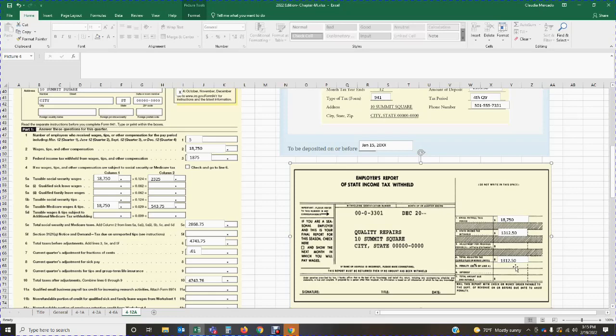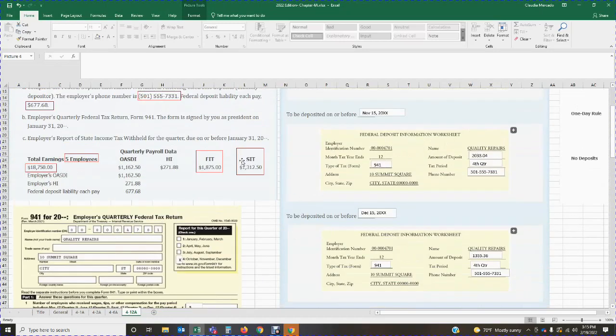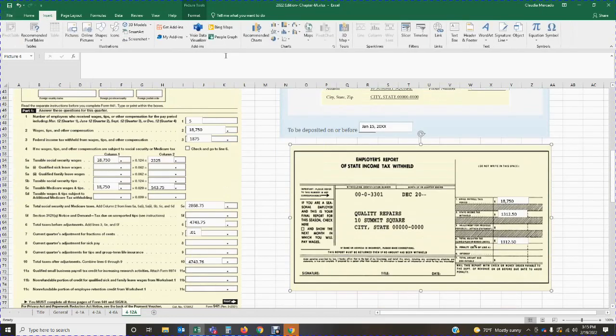No, we don't have any penalties. We don't have that information in the problem. Do we have any interest? We don't have any of that information in the problem. Line number 7, total amount due and payable. Are we responsible to pay our state income tax, 1312.50? So the total amount due and payable is 1312.50.